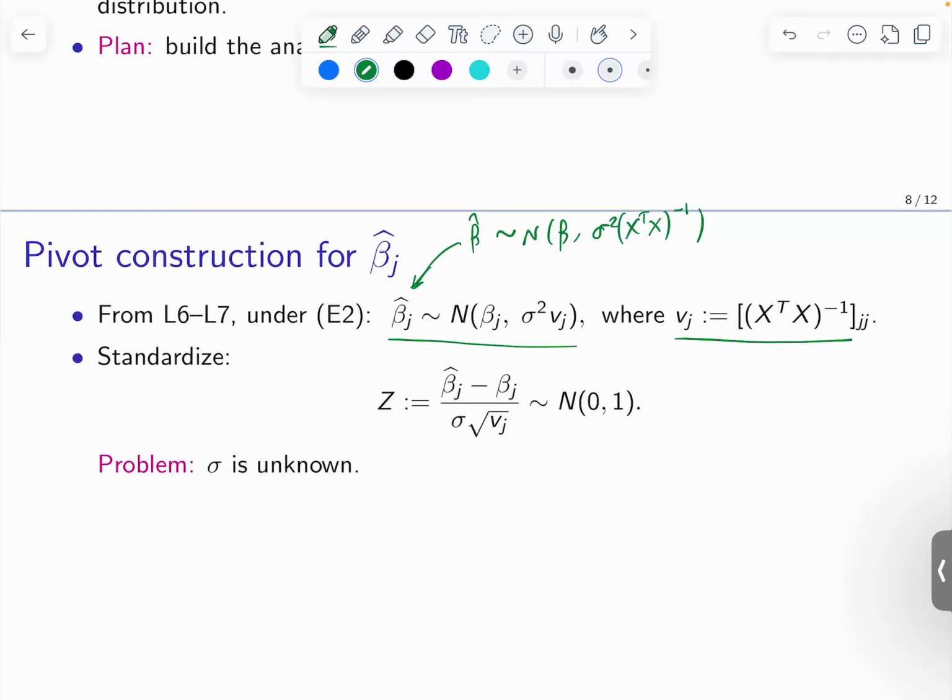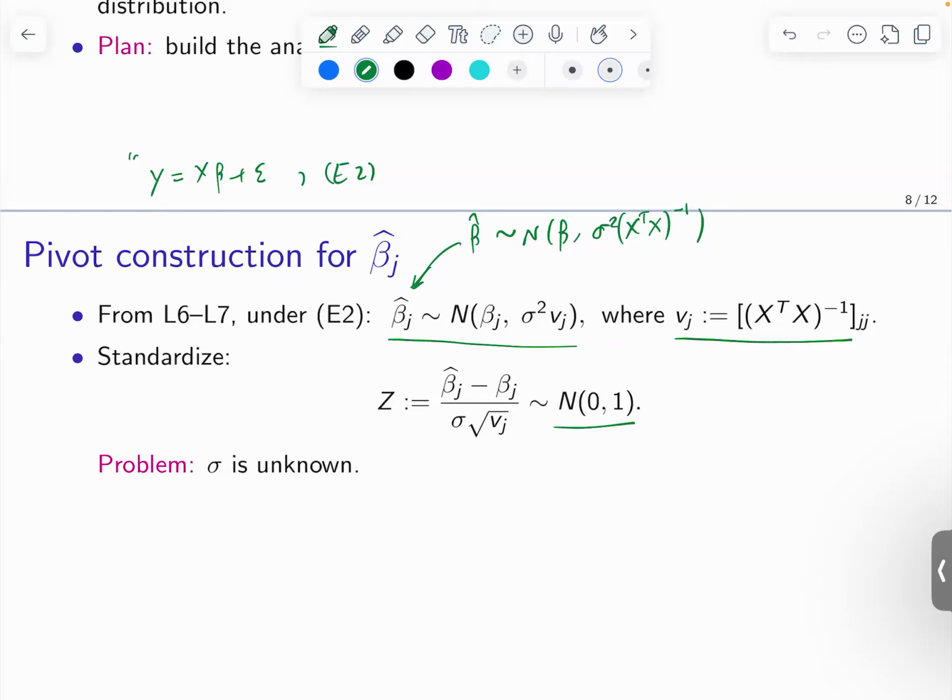And then if I standardize, I can subtract the mean and divide by the standard deviation, and this would be normally distributed under our model, no matter what value beta j takes. This is true as long as the linear model holds, y is equal to X beta plus epsilon, and E2 holds.